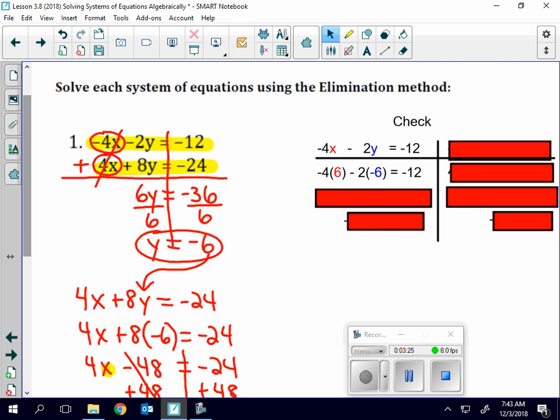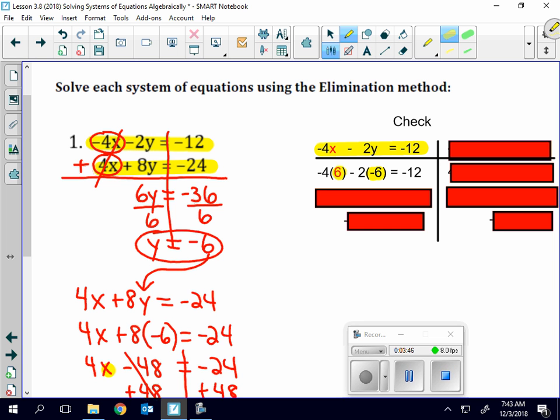So if I were to go ahead and plug that back in for my check, notice I wrote down the original equation, the top one, and I plugged in 6 for x and negative 6 for y.